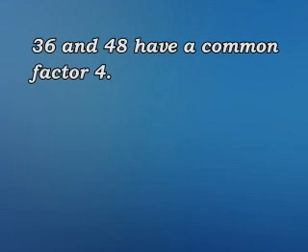36 and 48 have a common factor 4. That means you can divide 36 by 4 and you can divide 48 by 4. Try it and see. 36 divided by 4. What's the answer?